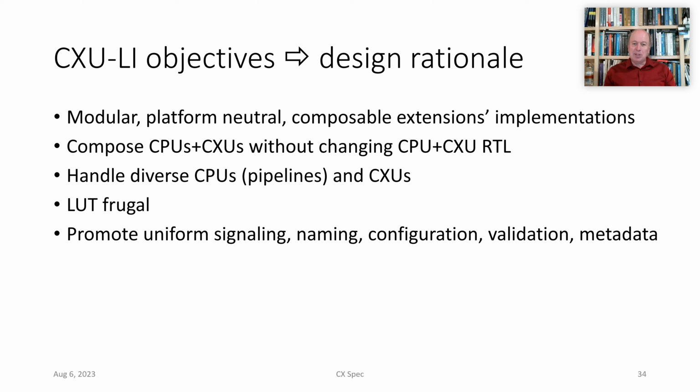We must handle diverse CPU microarchitectures, from simple MCUs up to complex, out-of-order multi-issue processors. And diverse extensions, with ALU-like functions, or even with deeply pipelined stateful matrix multiply-like functions. The interface signaling must be extremely gate and LUT frugal, so they're affordable in tiny systems and affordable in many core systems. And as before, we must promote uniformity: uniform port signals, naming, parameters, reusable validation tests, and uniform CXU metadata.